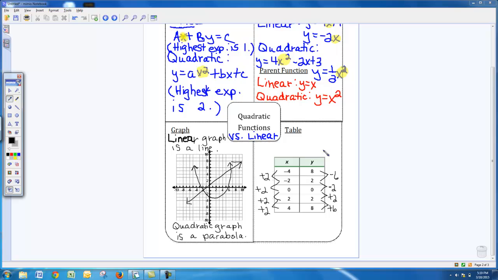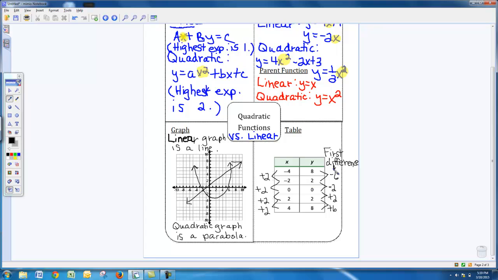This column right here we call the first difference. And in a quadratic function, the first difference is not the same.